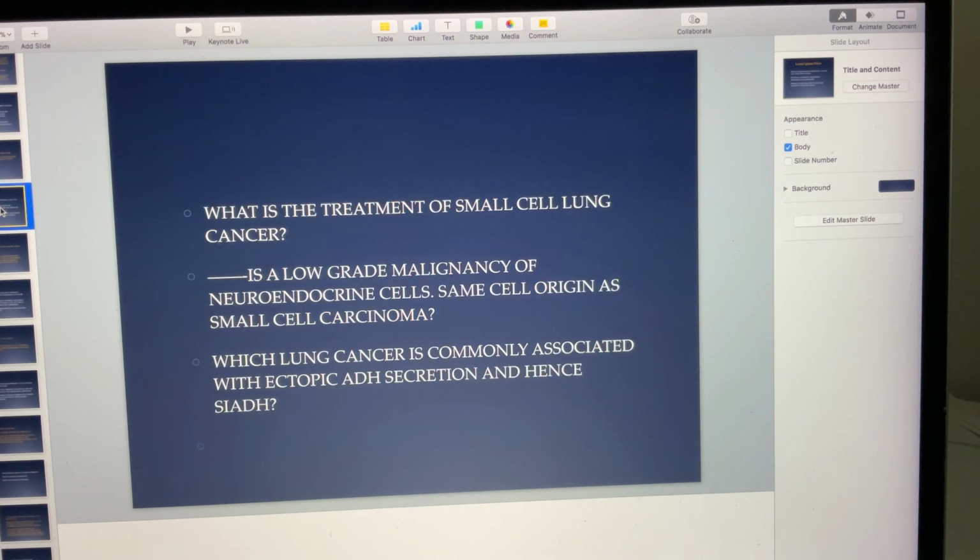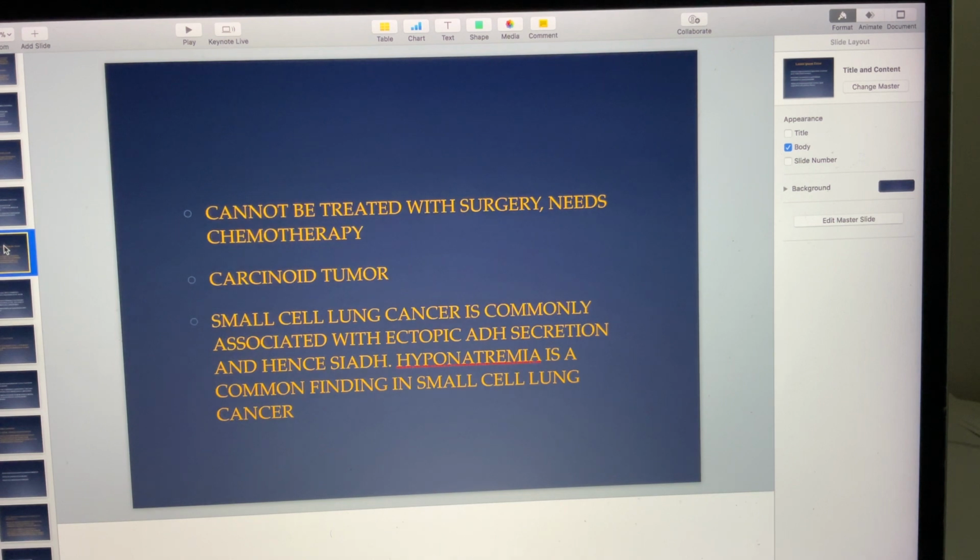Next question, what is the treatment of small cell lung cancer? And what is a low-grade malignancy of neuroendocrine cells, and it has stem cell origin as small cell carcinoma? Which lung cancer is commonly associated with ectopic ADH secretion and hence SIADH? So the treatment of small cell is chemotherapy.